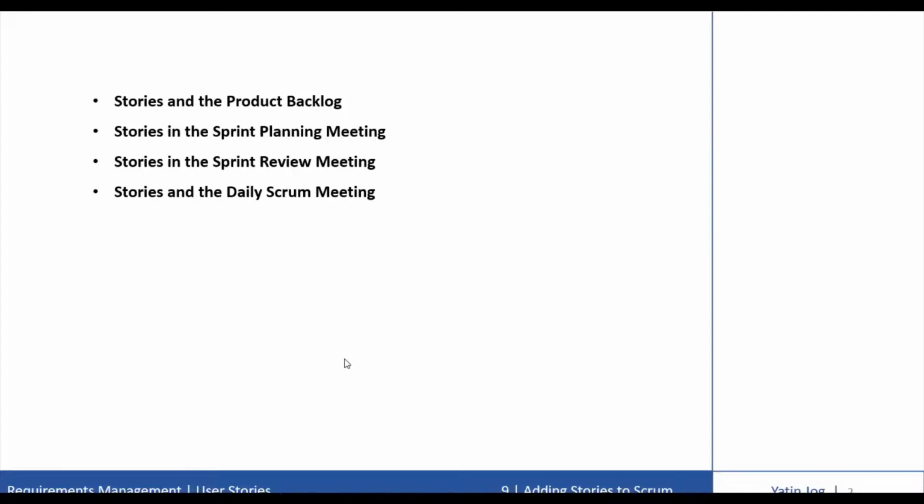The next point is how to include stories in the sprint review meeting. The use of stories benefits Scrum during the sprint review meeting because stories make it simpler to assess what parts of the sprint have been completed.